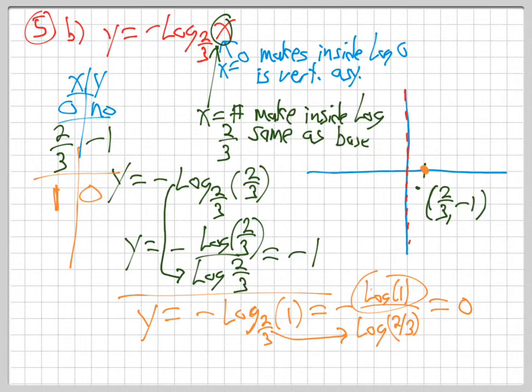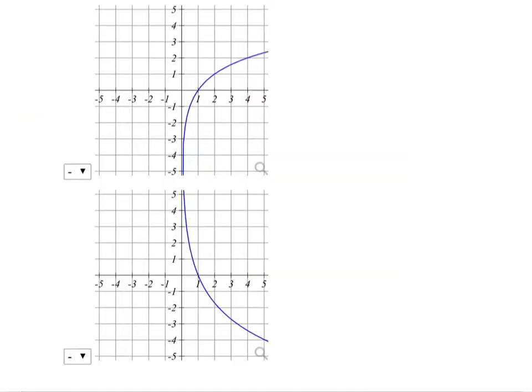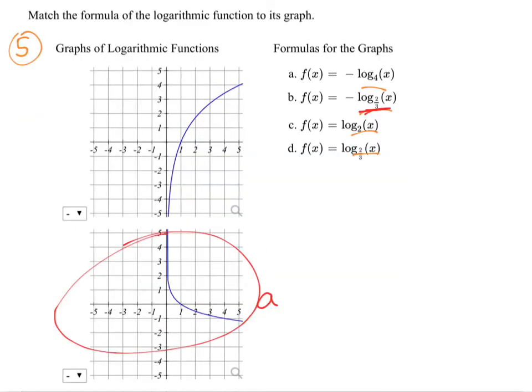So it looks like the graph is going like this. Now, it's kind of tricky to find the right one because two of them look similar. But remember, this is 2/3. This dot right here is 2/3 of the way over, not halfway over. So let's go back. Part B, it's this one.